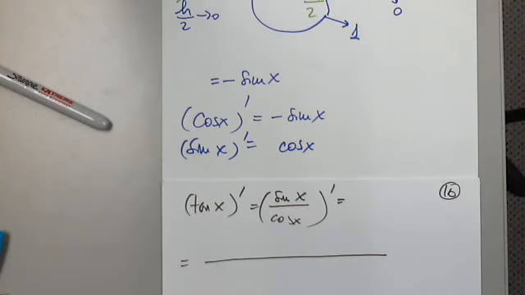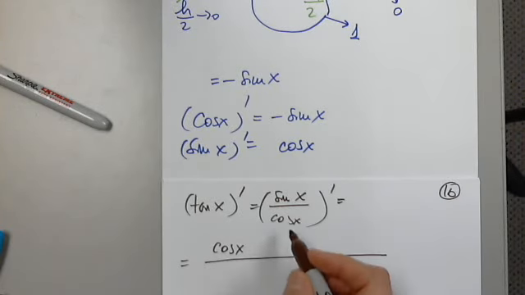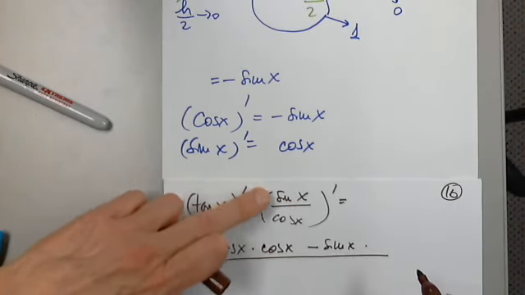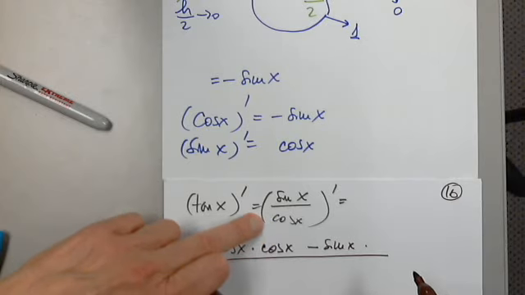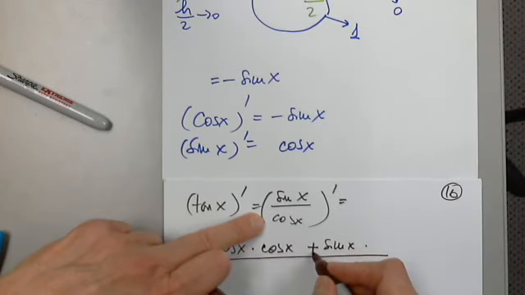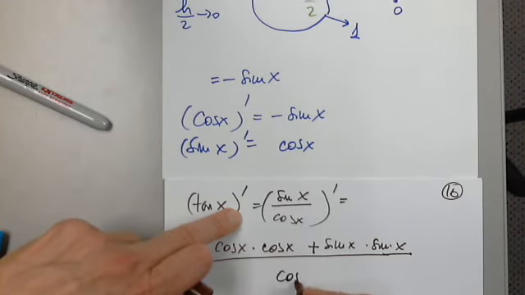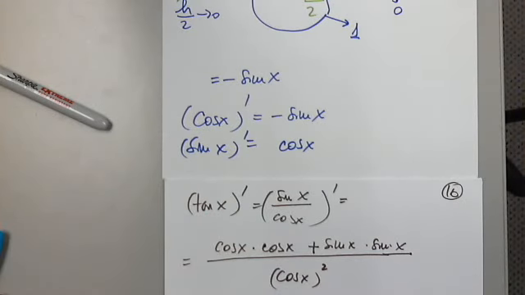So sine prime, cosine x times cosine x, minus sine x times cosine x prime. I'm going to change this and put sine x over cosine x squared.